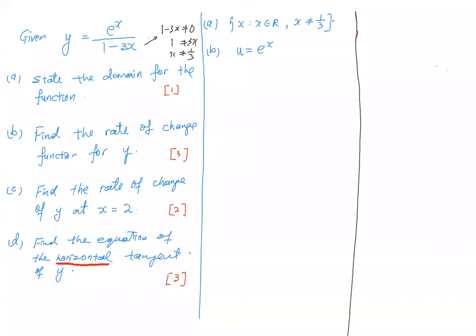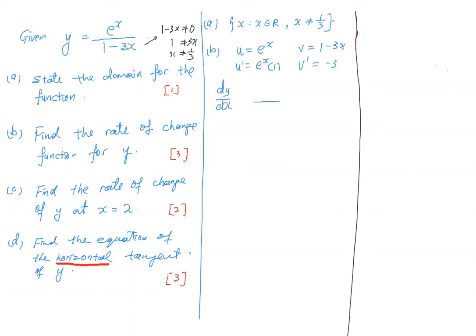So what is the V? 1 minus 3x. Okay. So those who can do it straight away, you don't have to write down. So U prime is e to the power x, correct? Times 1. V prime? -3. So then I put into the formula. Yep. That is dy dx.